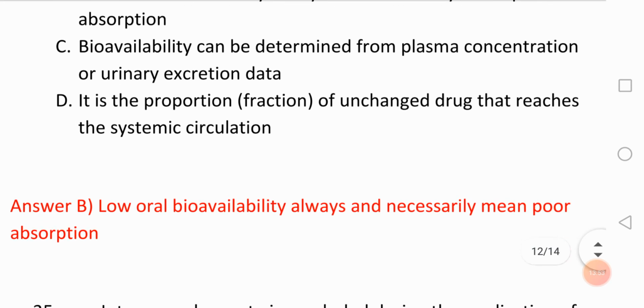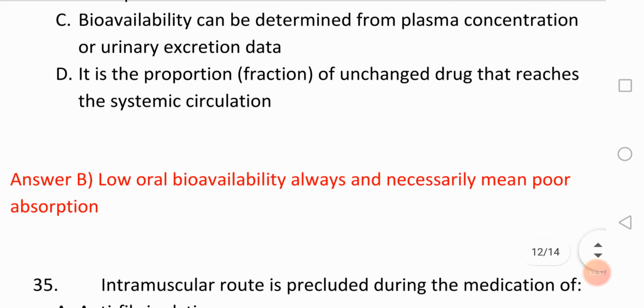The answer is B, low oral bioavailability always and necessarily means poor absorption.